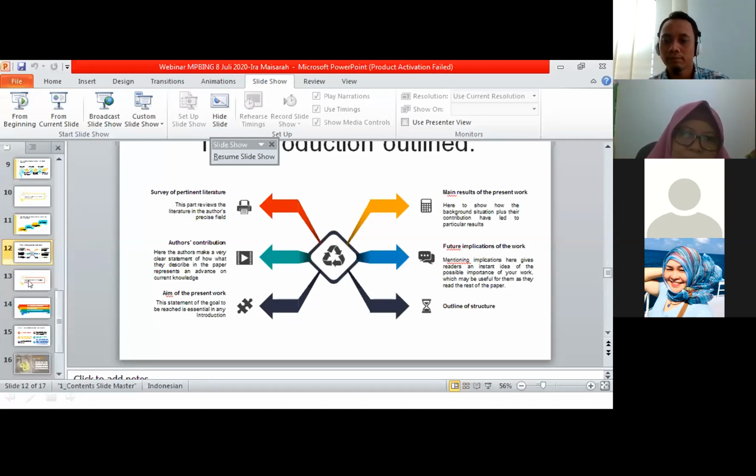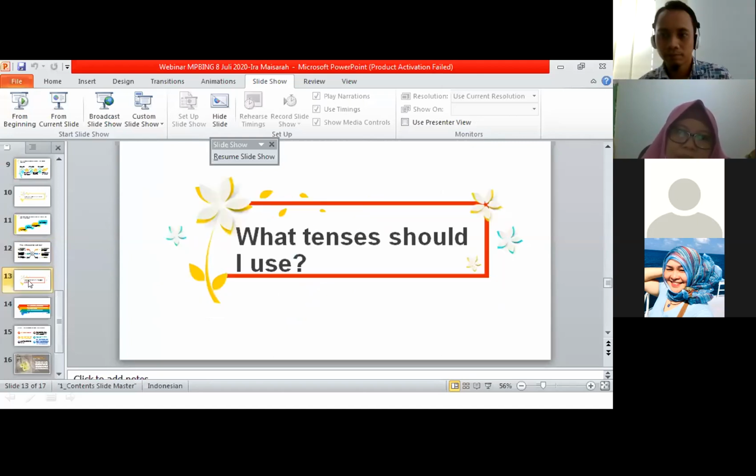research. And then an important point in writing a good introduction is which tenses should be used, because it is the main problem that also comes from the writers or researchers. Sometimes they get confused about which tenses can be used in developing our writing.